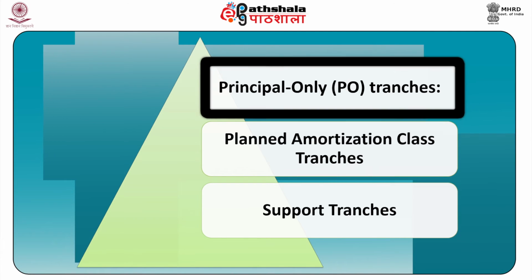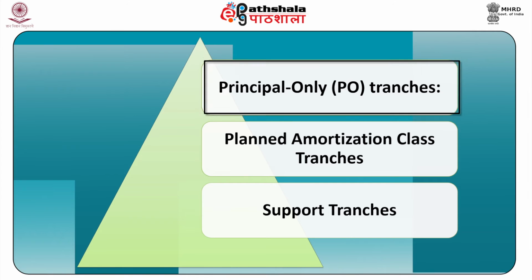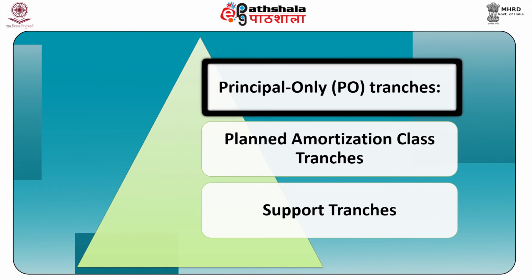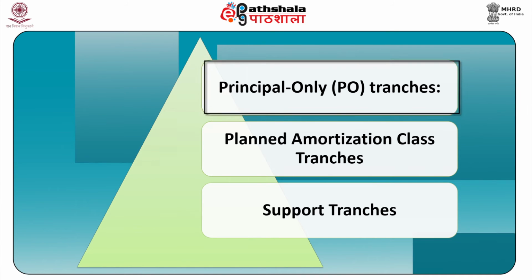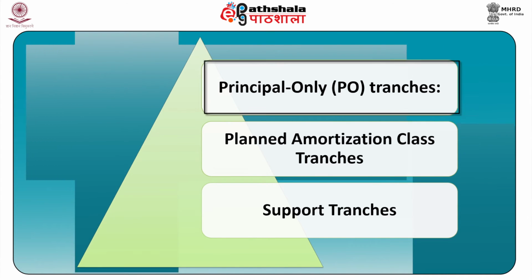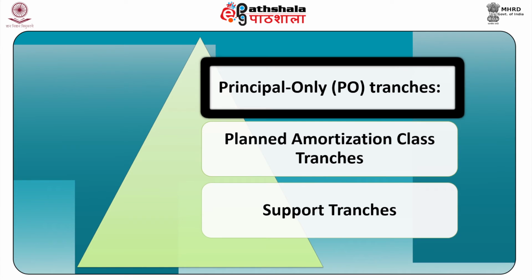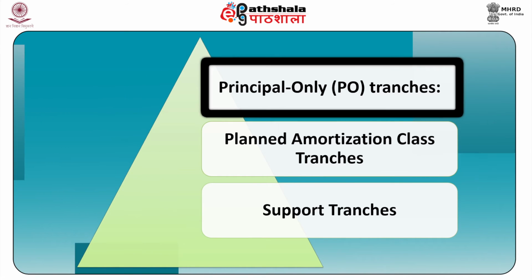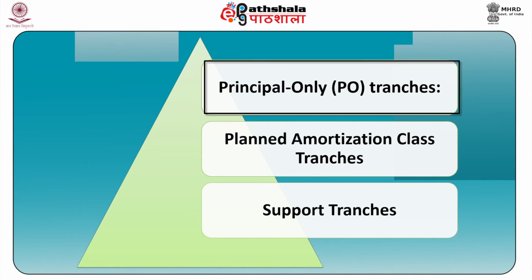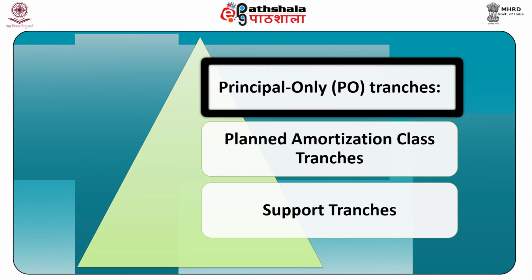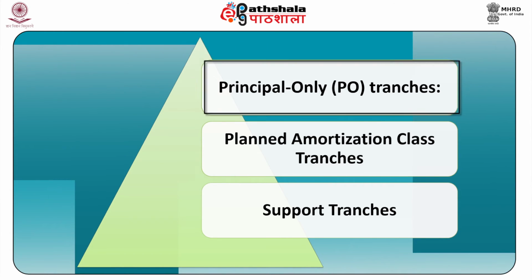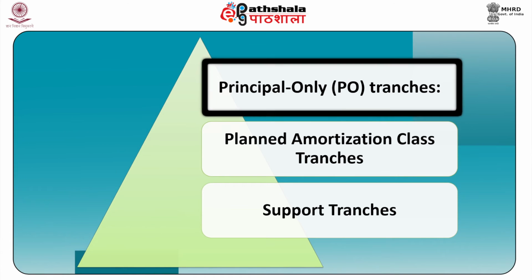These principal only securities may be created directly from mortgage pass-through securities, or they may be tranches in a CMO. In purchasing a PO, investors pay a price deeply discounted from the face value and ultimately receive the entire face value through scheduled payments and prepayments.